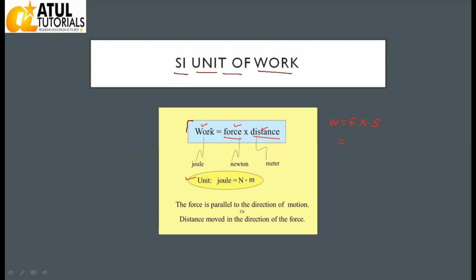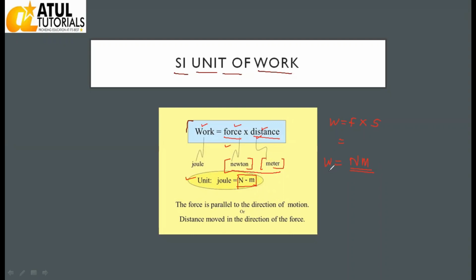That is, the SI unit of force is Newton, the SI unit of distance or displacement is meter. Then by combining these two units, we get the SI unit of work as Newton into meter. Newton meter.